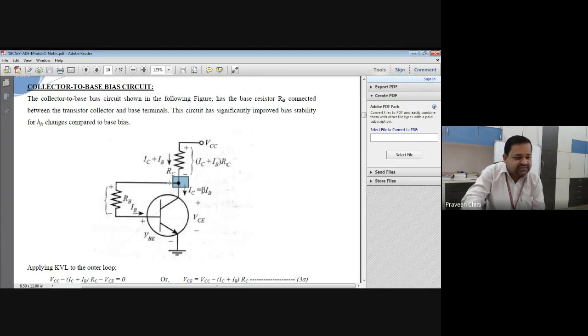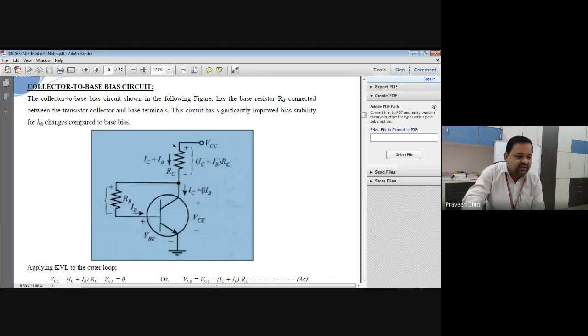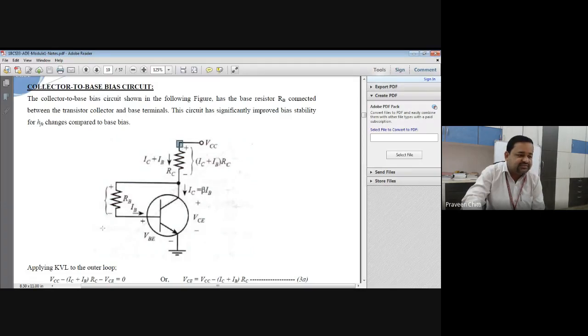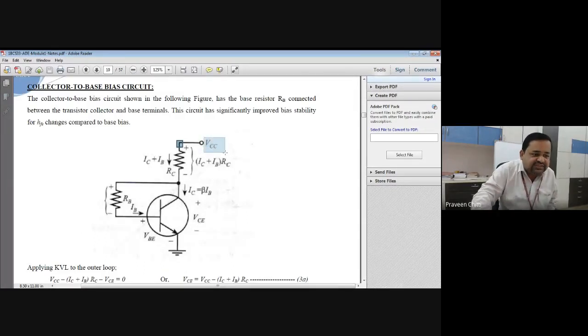If you take this and connect here, at this point, it becomes the fixed bias circuit. But if instead of going up and connecting here, you bend it and connect here, it becomes the collector to base bias circuit. So here, the value of IB directly does not depend on VCC.